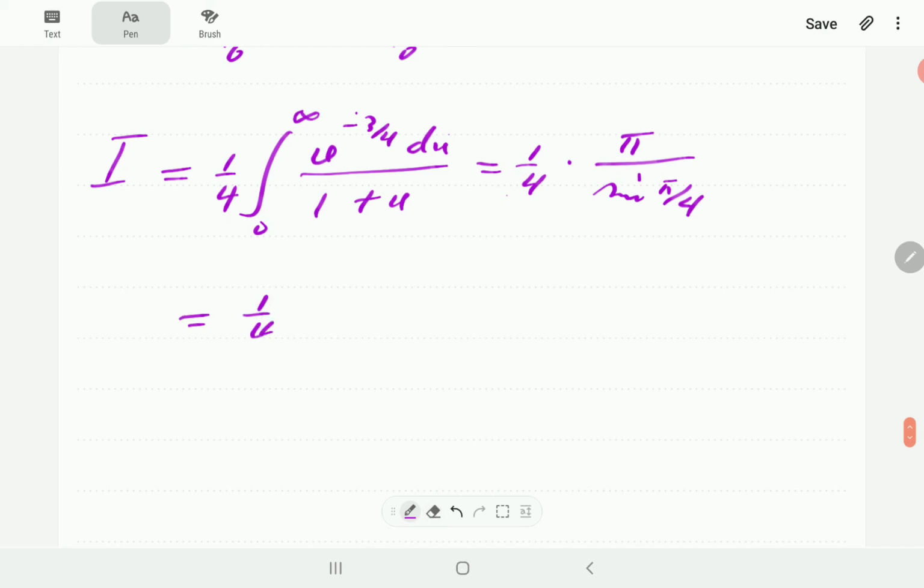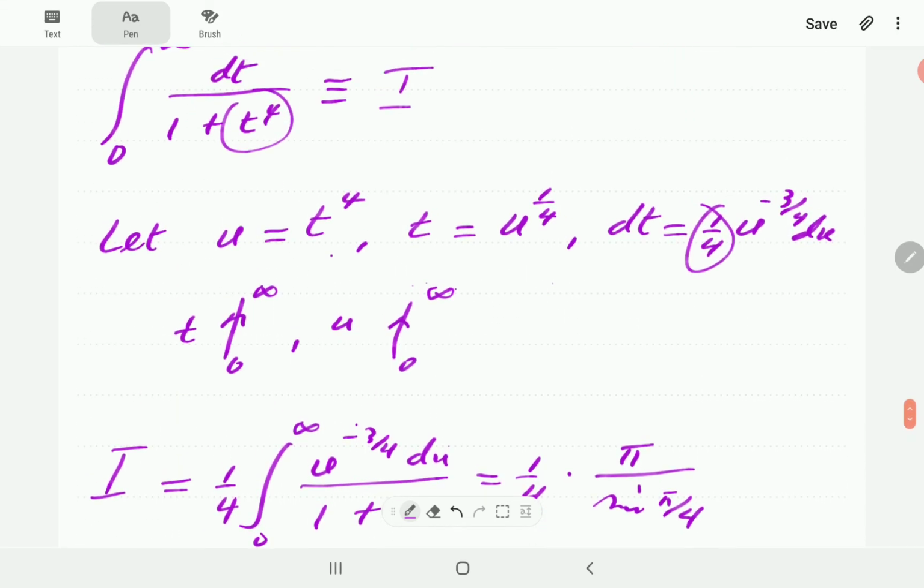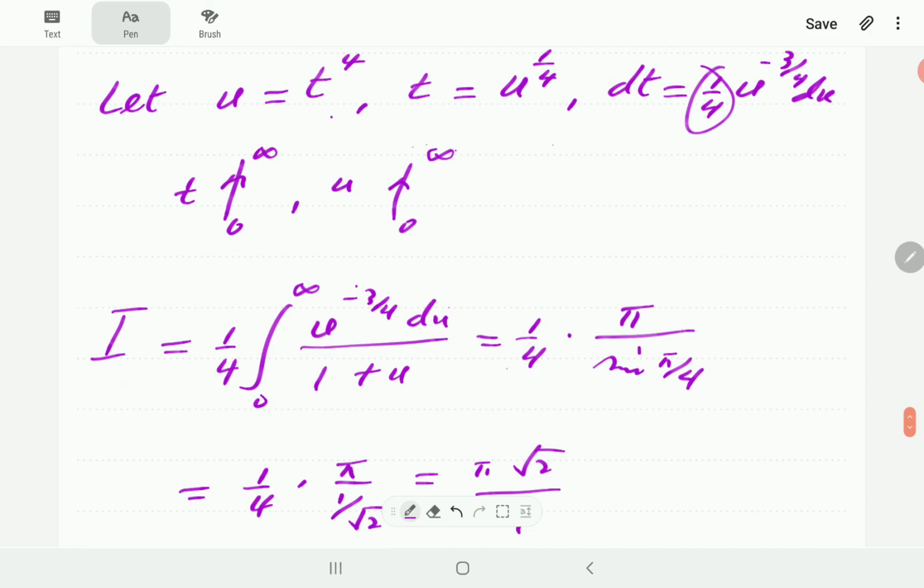So this is going to be 1 over 4 times pi over, this is 1 over root 2, so it's pi root 2 over 4. And you can see that using beta and gamma functions, this works out in like 3 lines.